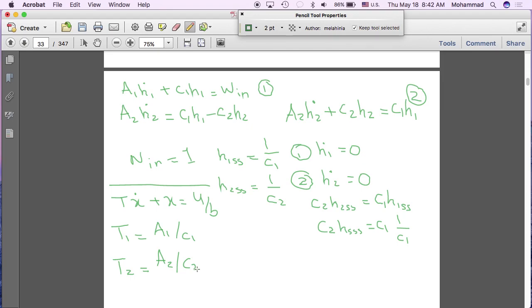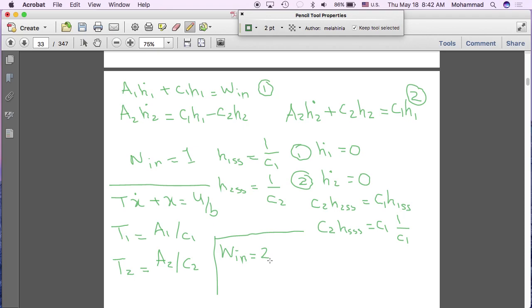Now, a quick challenge for you. What if Wn is equal to 2? Do you know what H1 steady state and H2 steady state would be immediately, without doing any calculations? What is H1 steady state? Yeah, it's 2 over C1, and H2 steady state is 2 over C2.